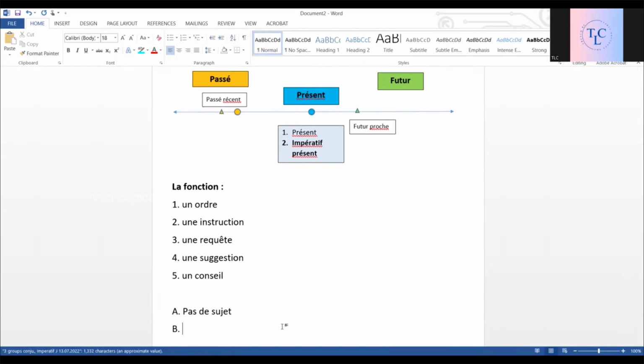So we cannot use this for je, il, elle. You cannot use these for all the subjects. These are only for tu, nous, and vous. If I'm talking to someone, I can give an instruction, make a request, suggestion, advice, anything.